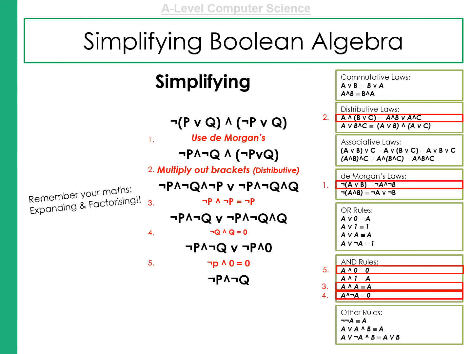We can simplify this using some of our general rules now. So not P and not P just equals not P. So where we've got two not P's, we can just change that to not P and not Q. We know that not Q and Q equals 0, so we can change that to 0 as well.